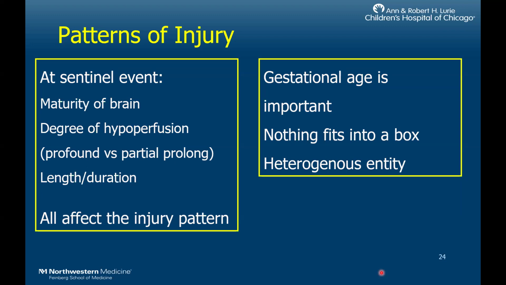Then you also want to know how long that degree of ischemia or hypoperfusion lasted. Was it mild, moderate, severe, i.e., was it acutely profound versus partial, prolonged ischemia? And then obviously the length and duration of that ischemia. They all have an effect on the injury pattern.